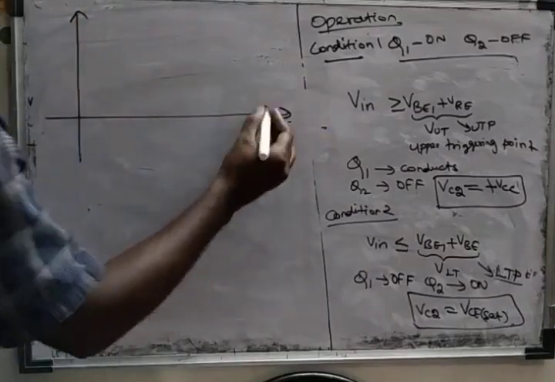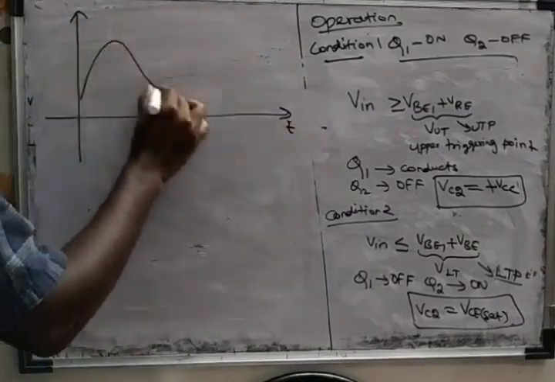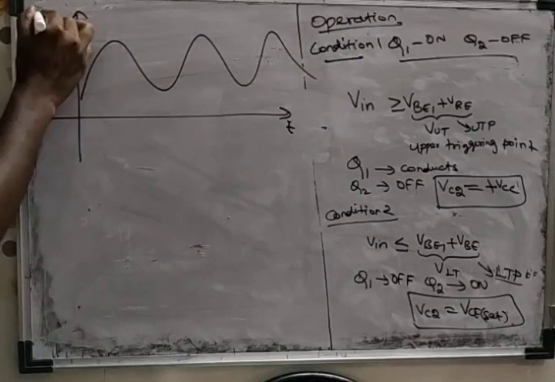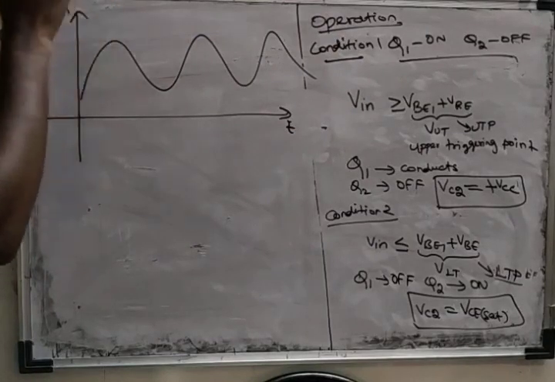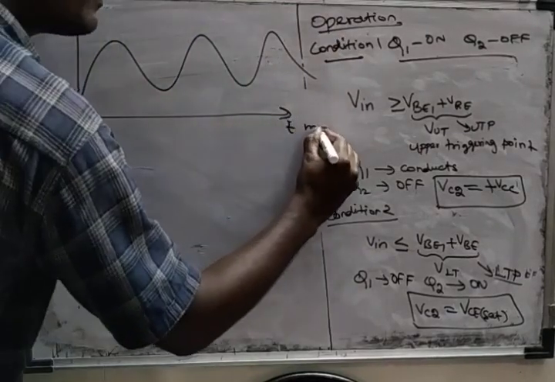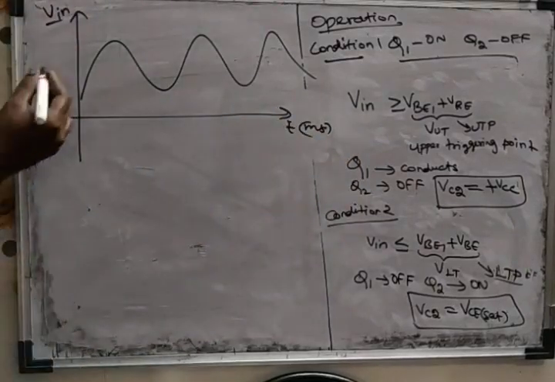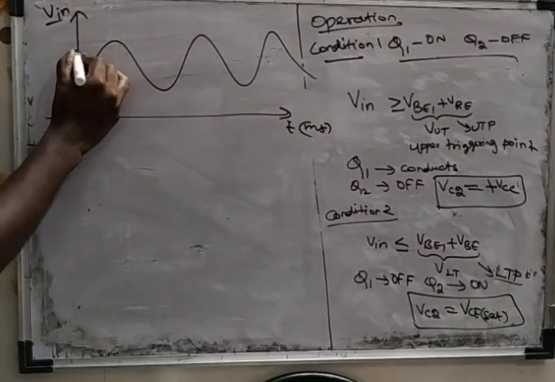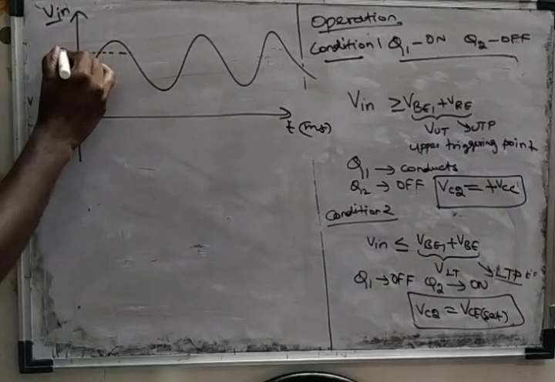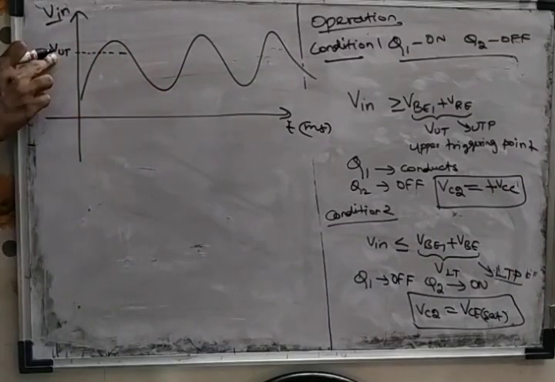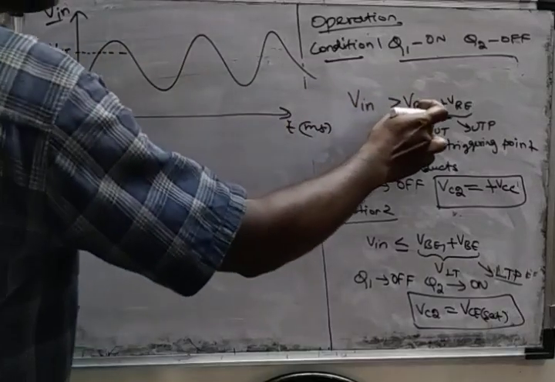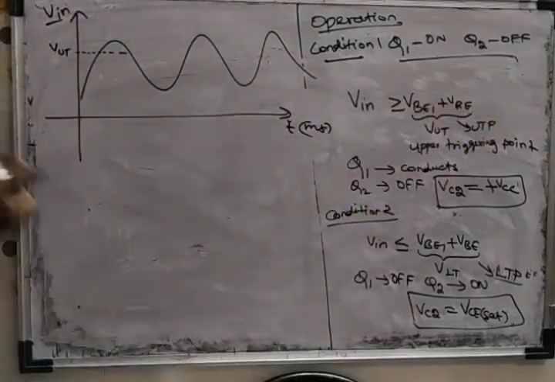So I am taking a sine wave as input, and this voltage is called upper threshold voltage VUT. This VUT magnitude is given by VBE1 plus VRE.